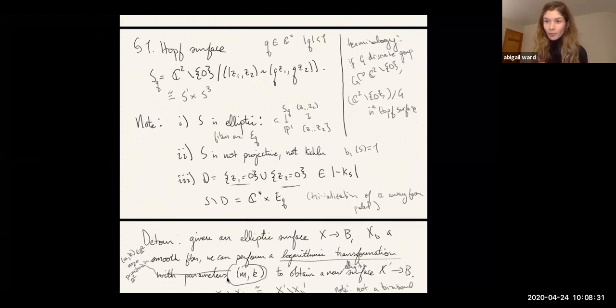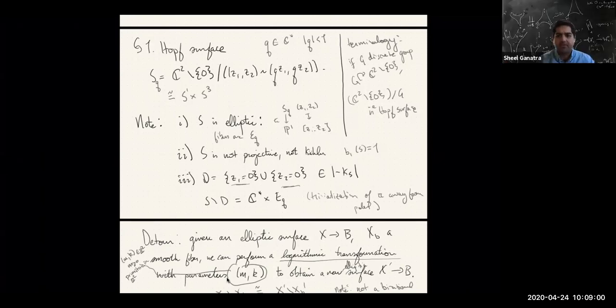That thing still bounds two disks, which descend to disks in your Hopf surface, but now it doesn't have any well-defined symplectic area. So you're still trying to count those disks, but it doesn't make sense to have a well-defined superpotential because you don't have any notion of area. Okay, that makes sense. Thanks, that's helpful intuition.